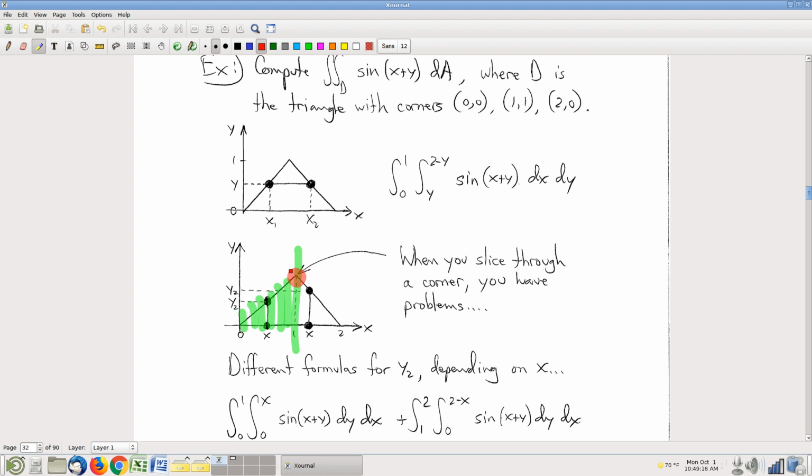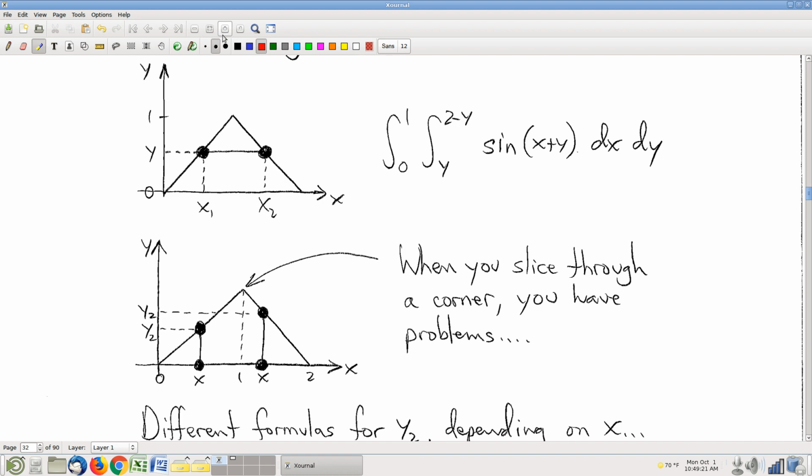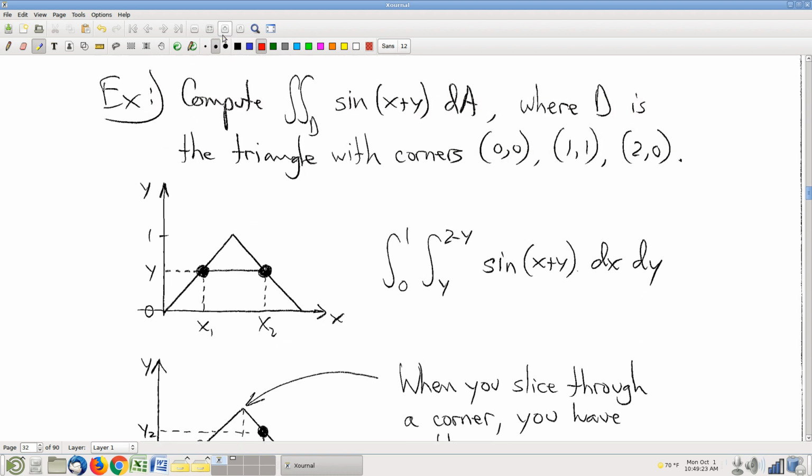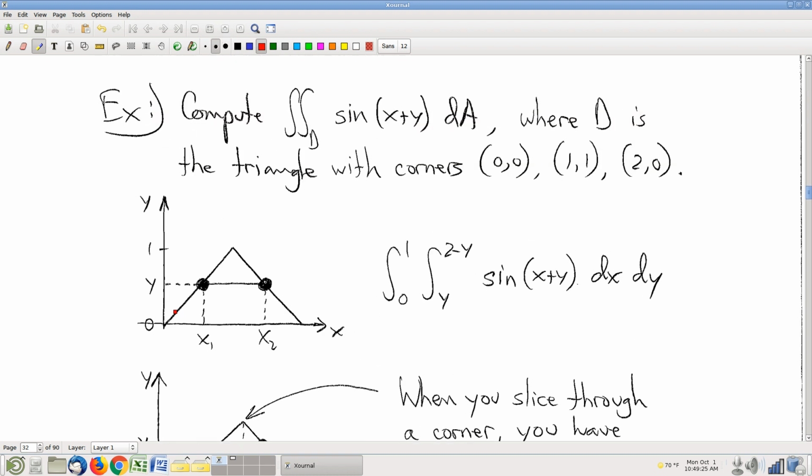Okay. Now, notice in this, let me go back up to the first one. I kind of technically sliced through a corner in the sense that when I started, I sliced through two corners. When I ended, I sliced through a corner. That's not a problem. Slicing through corners at the start and at the end, we don't really care, because the only thing that's important about slicing through a corner is that you have to start a new integral.